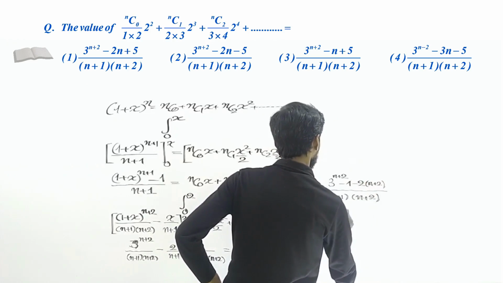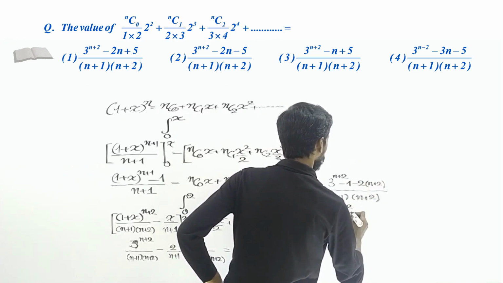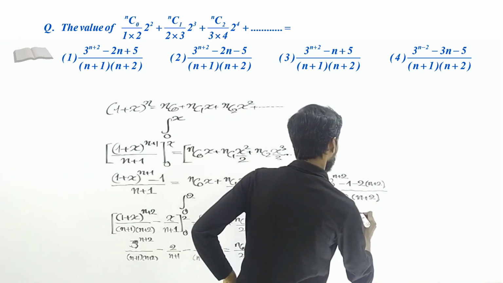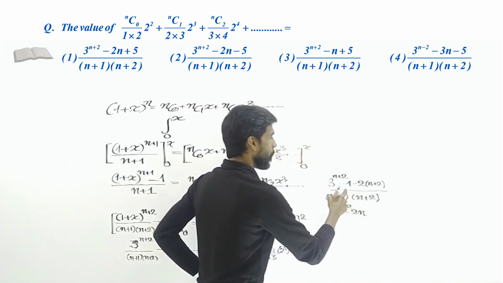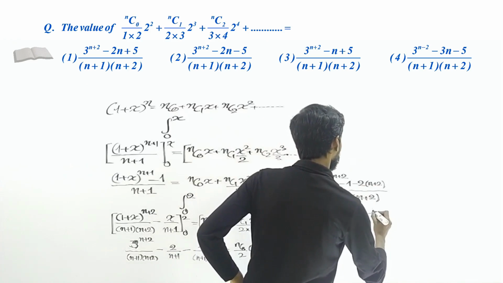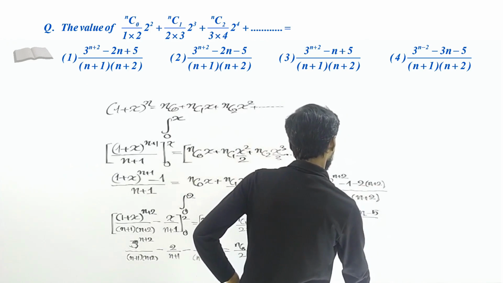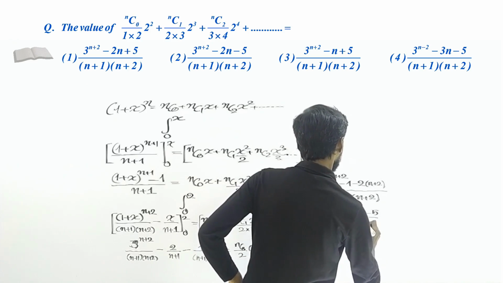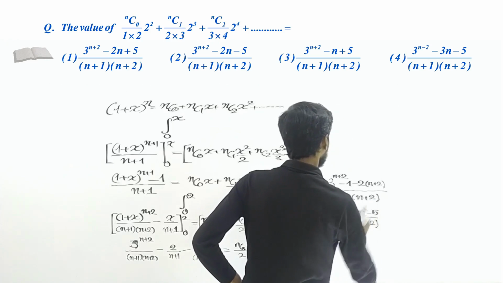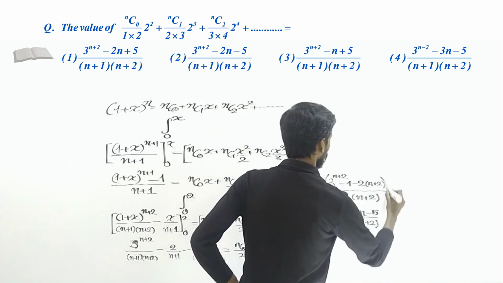If you simplify further, 3 to the power n plus 2, minus 2n, minus 1, minus 4, so minus 5, divided by n plus 1 multiplied by n plus 2. So this is the required answer.